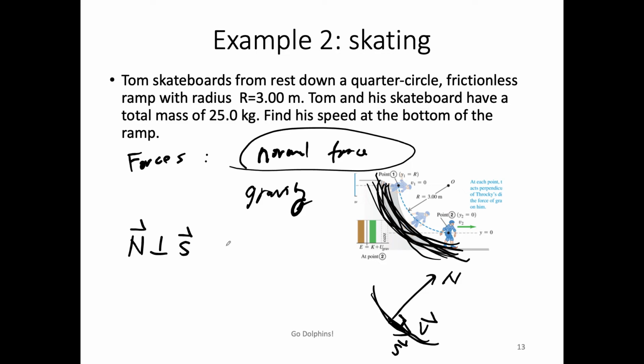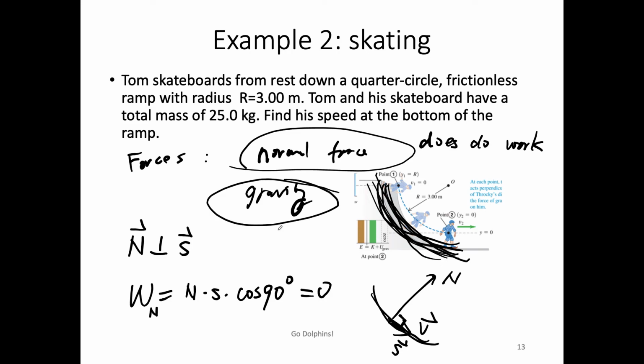And we recall that the work is force times displacement times the cosine of the angle between force and displacement. The angle between normal force and displacement is always 90 degrees, so cosine 90 degrees gives us 0. Normal force doesn't do work. We do have normal force acting on Tom, but it doesn't do work. So the only force doing work is gravity.